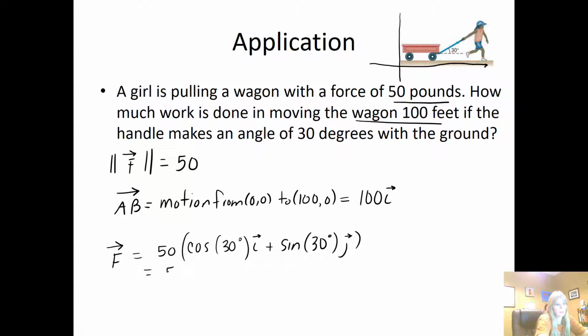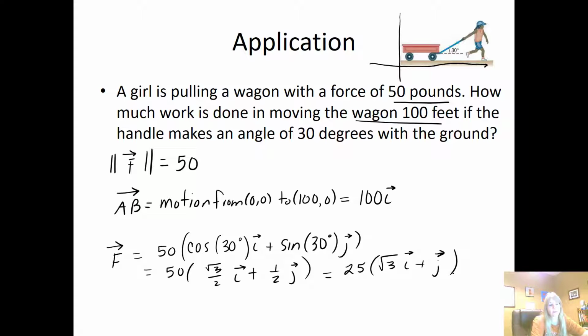So that becomes 50 times cosine of 30 degrees, square root of 3 over 2, and sine of 30 degrees, 1/2. Just halving the 50 out front, we get 25 square root of 3 i plus 25 j.